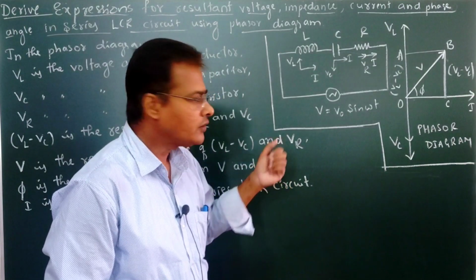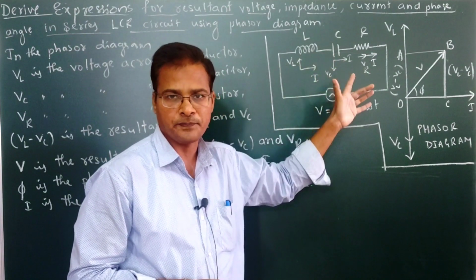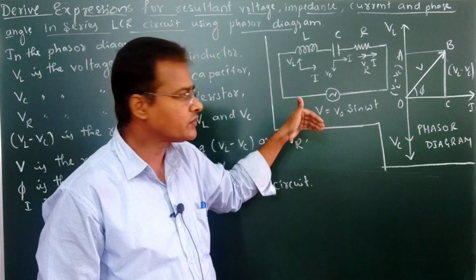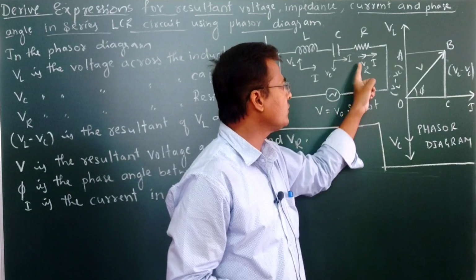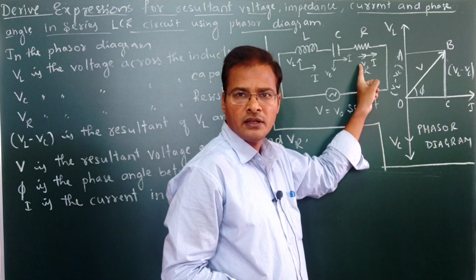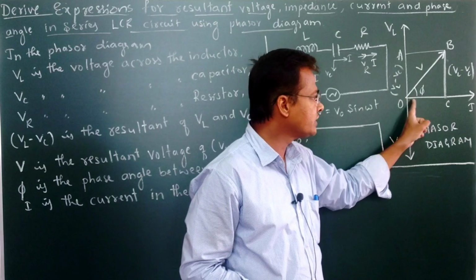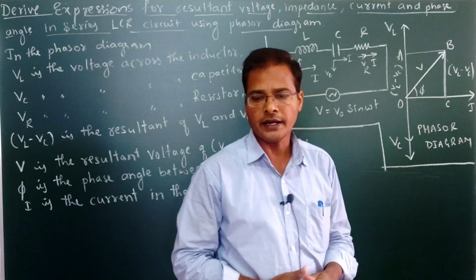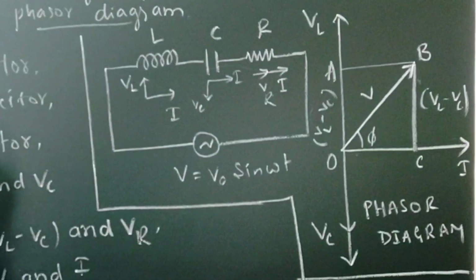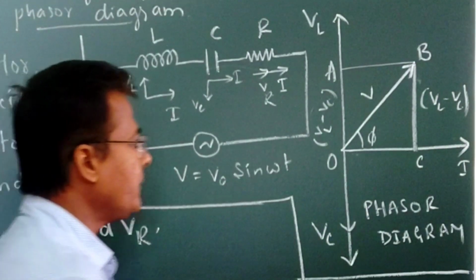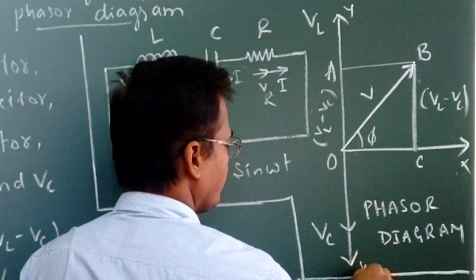First of all, we connect alternating current to all three devices in series, and the combination is shown in the phasor diagram. This is the potential across the resistance, and the current is in the same direction. We have taken I along the x axis, this is the y axis, this is y dash.